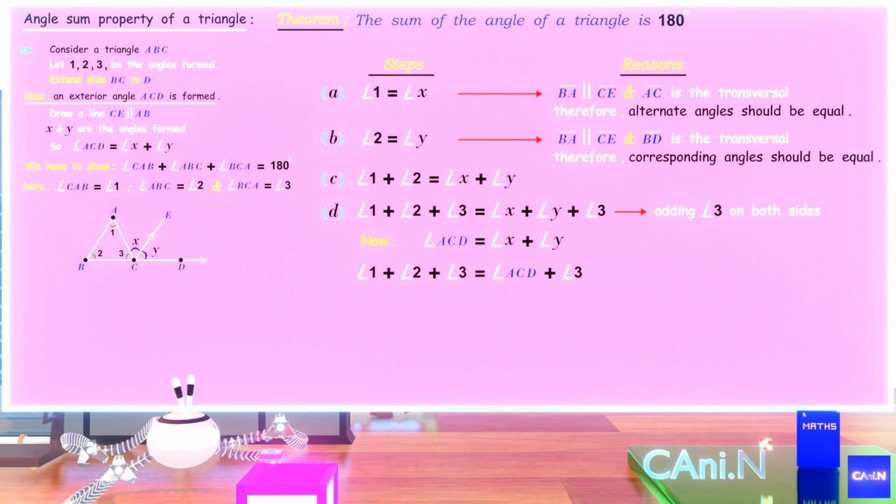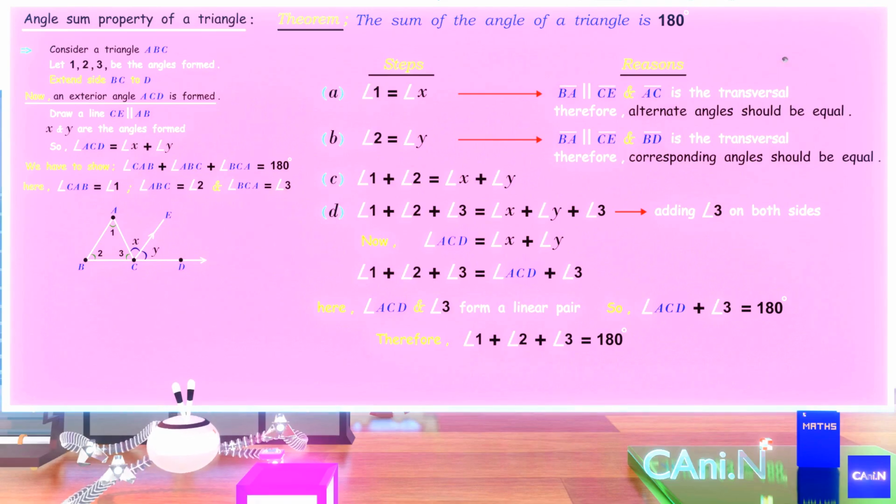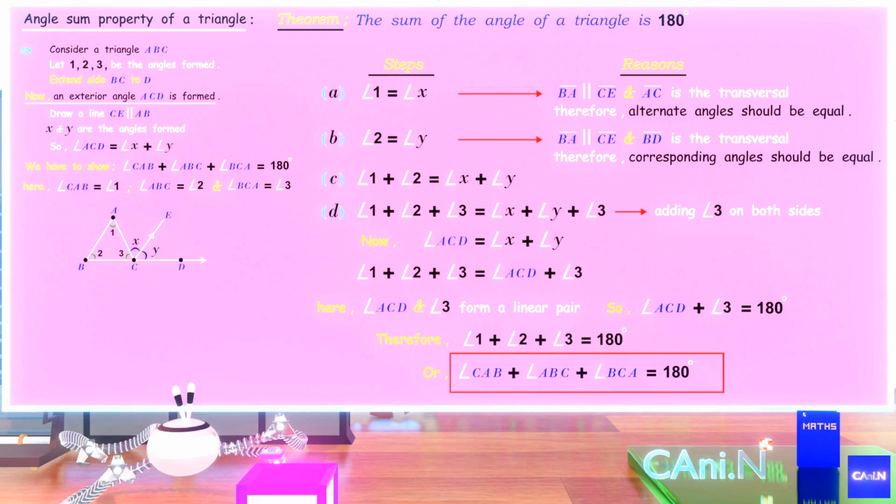If we observe the figure, angle ACD and angle 3 form a linear pair. So, angle ACD plus angle 3 equals 180 degrees. Therefore, angle 1 plus angle 2 plus angle 3 equals 180 degrees, or angle CAB plus angle ABC plus angle BCA equals 180 degrees.